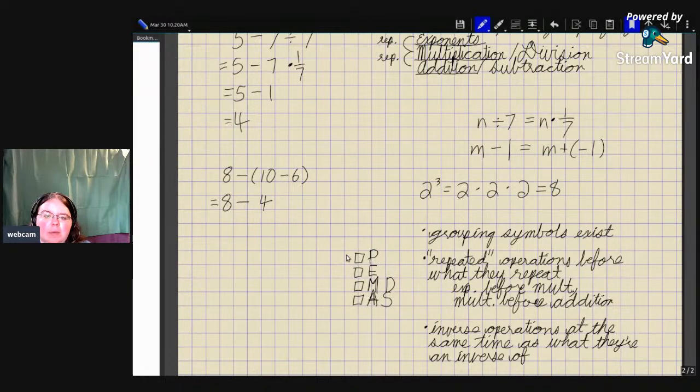Okay, so we did our parentheses. There aren't any exponents. There aren't any multiplication or division operations. Addition and subtraction, well, we've got 8 minus 4. Okay.